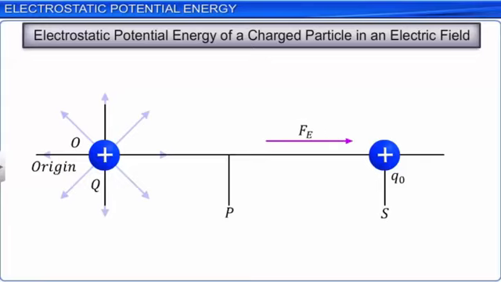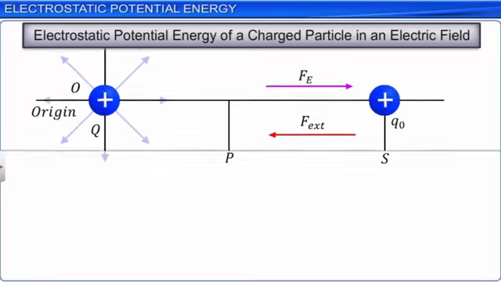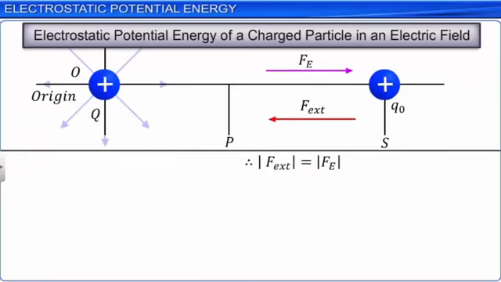The external force F required to move Q0 should be just about sufficient to overcome the electrostatic repulsive force Fe on Q0. Therefore, we can say that the magnitude of the external force F is equal to the magnitude of Fe. Let this be equation 1.